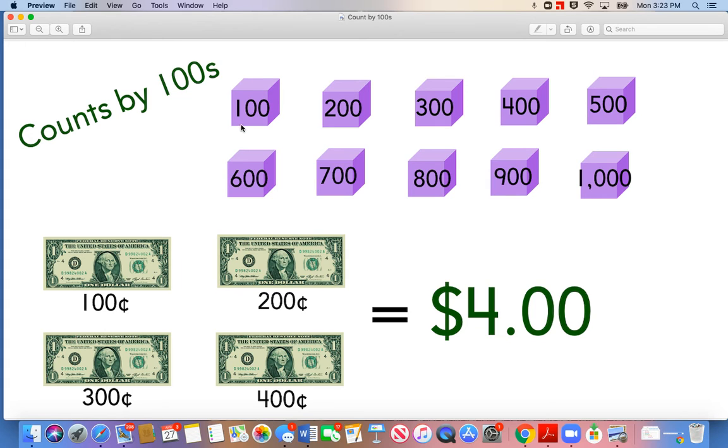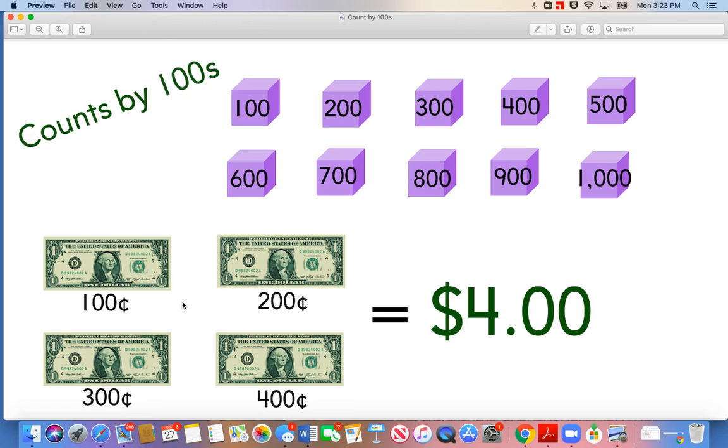So here we go, counting by 100s: 100, 200, 300, 400, 500. And just to make sure that you understand, 100 plus an extra 100 equals 200, plus an extra 100 is 300. That's how we're skip counting. Okay, so here we go: 500, 600, 700, 800, 900, and 1,000.